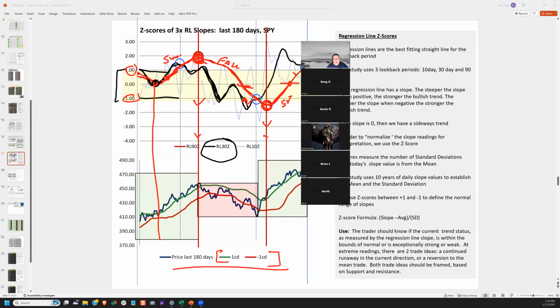It was monkeying around here, and then right about here, price got really good. It went from 410 to 460. That was a plus 10% move. Pretty fast.